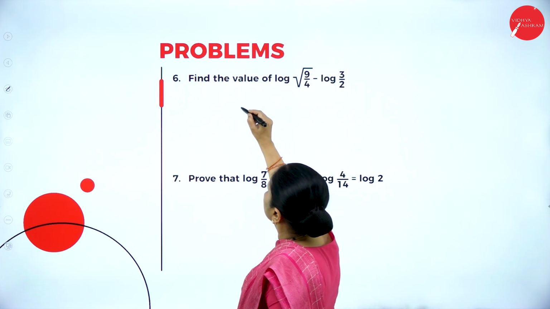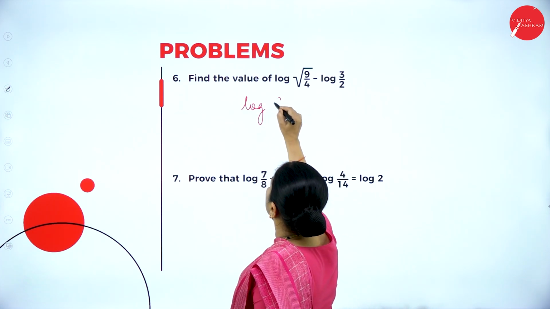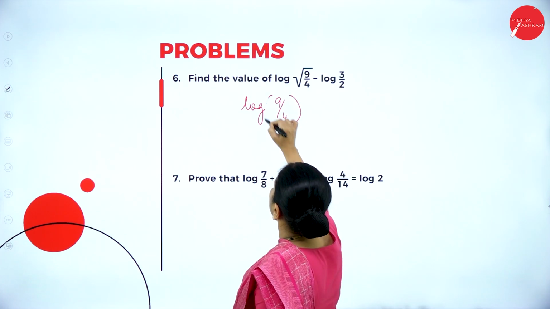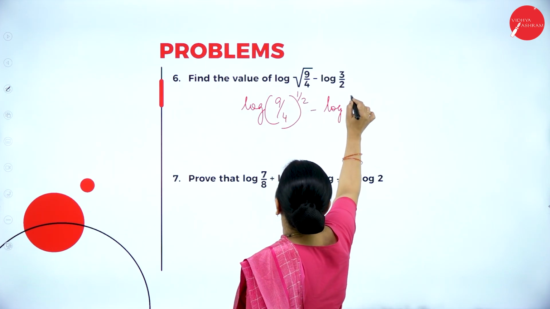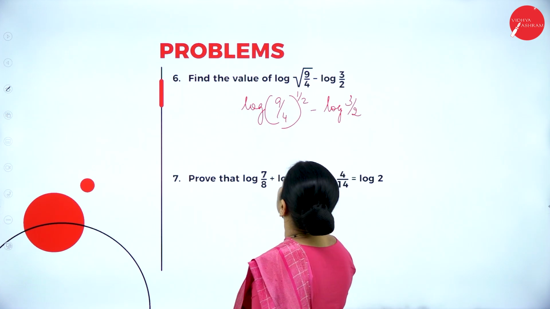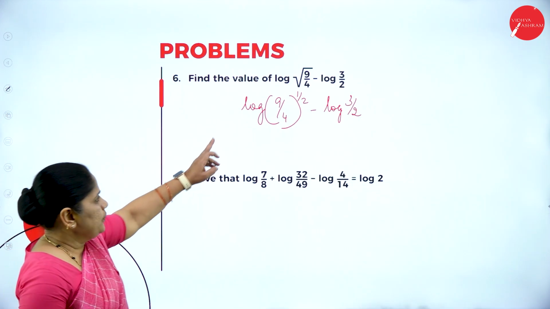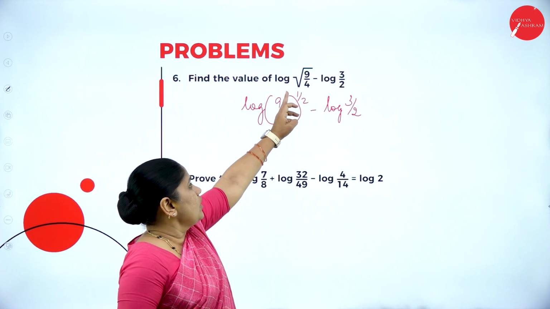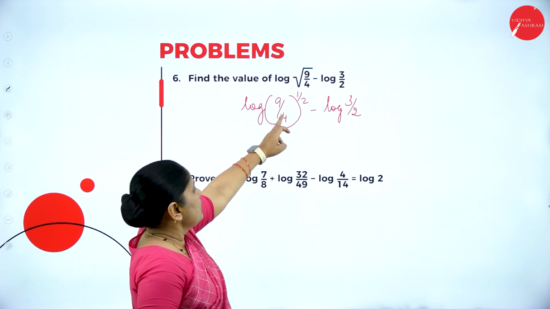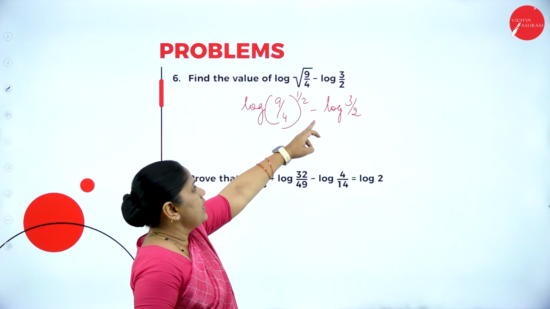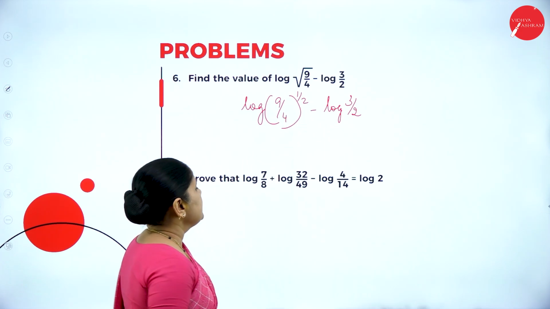Now this I can write as log of 9 by 4 to the power half minus log 3 by 2.